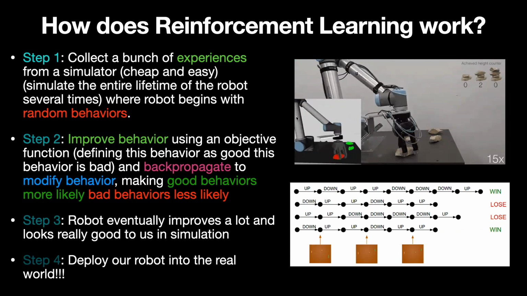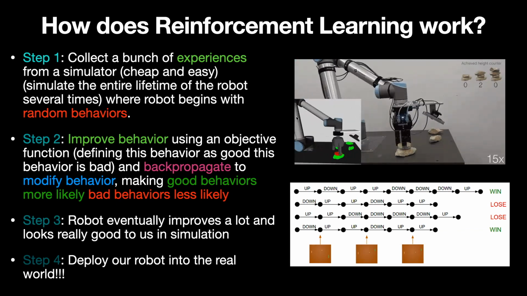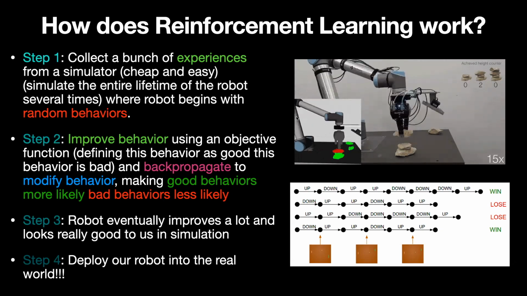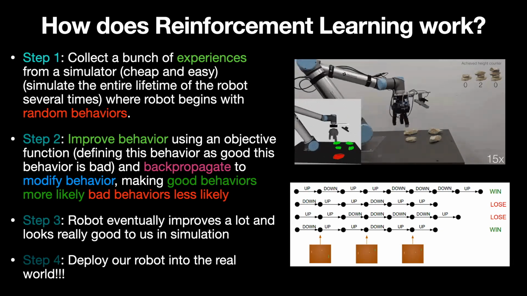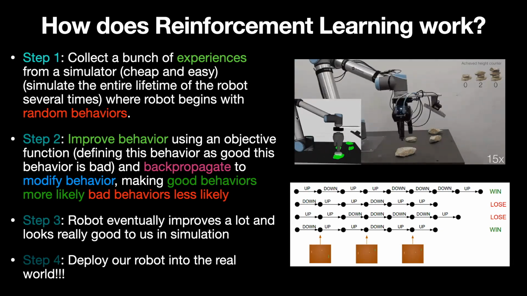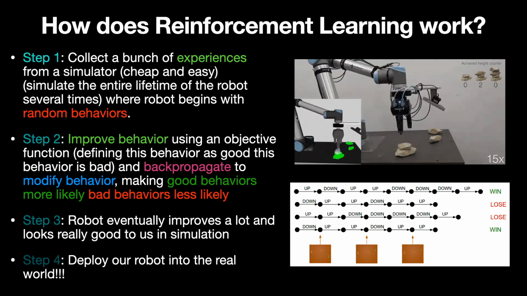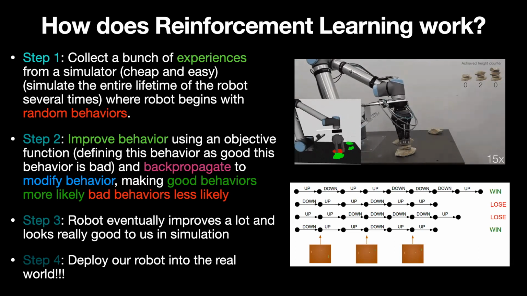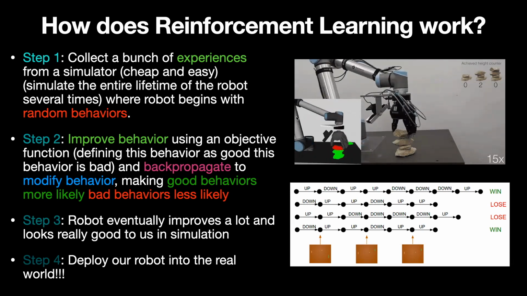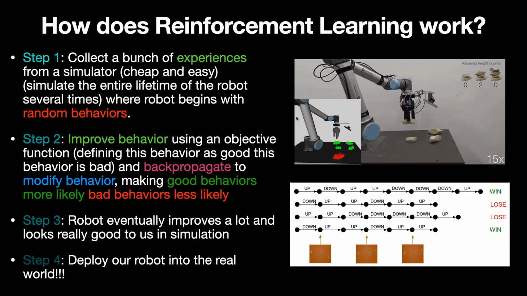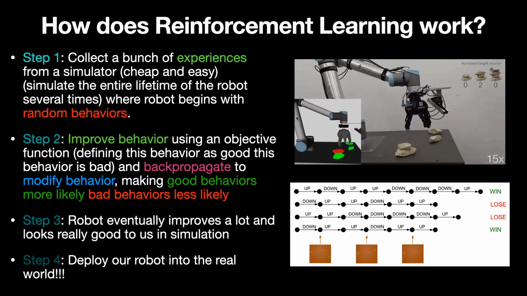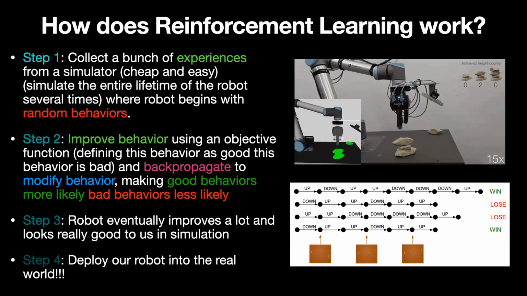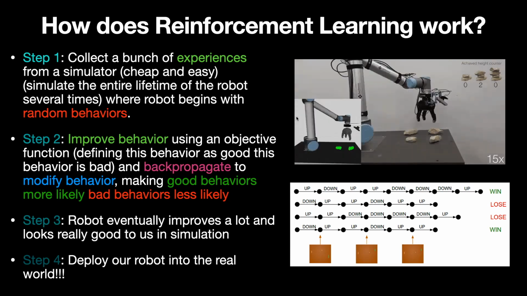And so we try to deploy the robot in the real world. And one thing I want to look at here is below that moving robot picture, you see how there's these up, down, up, down, up, down, and then it's win, lose, lose, win. So basically, if you're playing a game of Pong or something, if you want to update the weights, you have to play like 20 games, right?